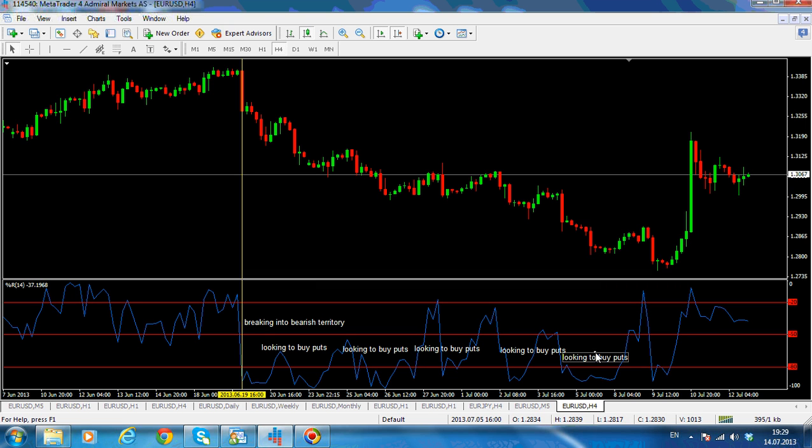Because price never breaks into this upper territory, the bullish territory, without reversing quite fast in the very next candles back into the bearish market. So looking to buy puts, including here.